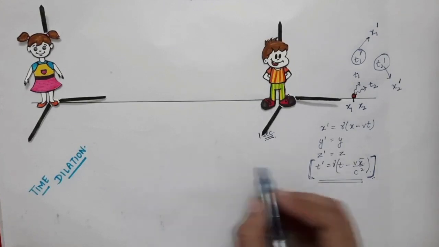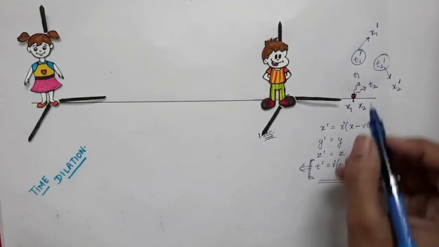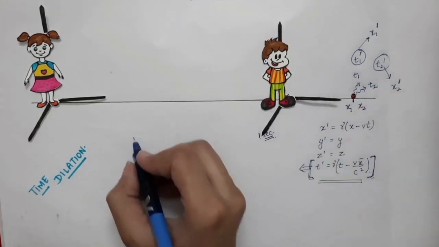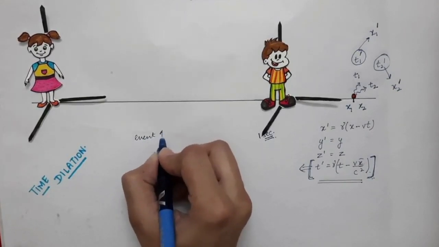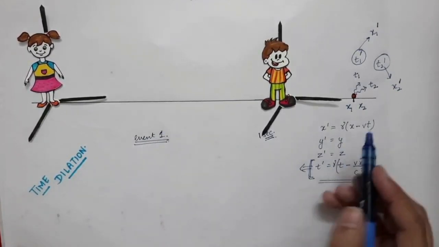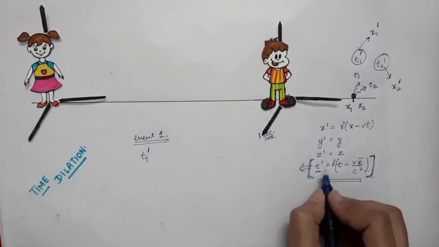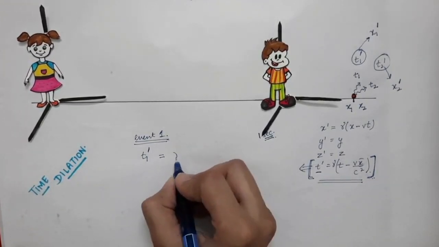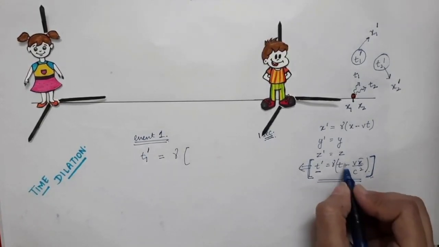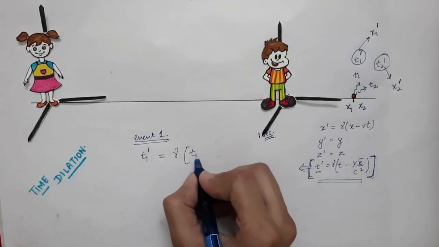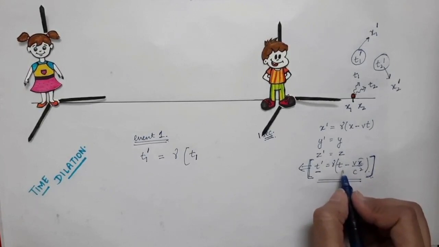So what will be this equation? Firstly we are talking about the first event, so event 1. So for the first event, we will have t1 prime. Instead of t prime, we will have t1 prime, and that will be equal to gamma times, instead of t, we will have t1. So this is the time of the first event with respect to you.